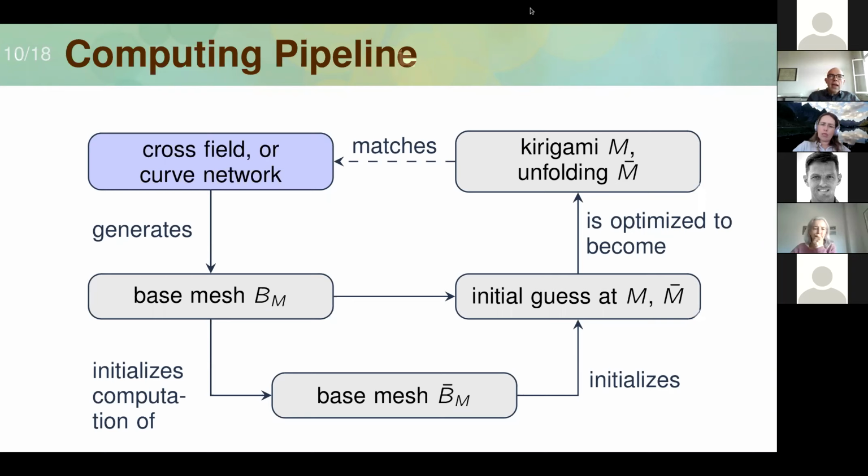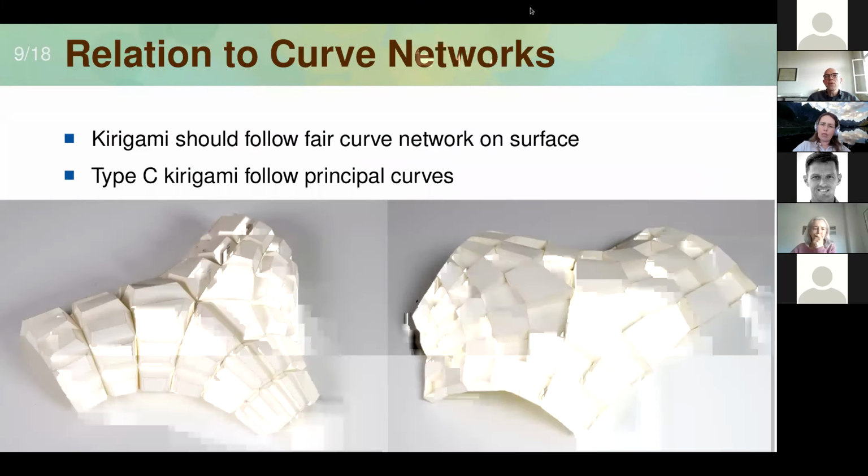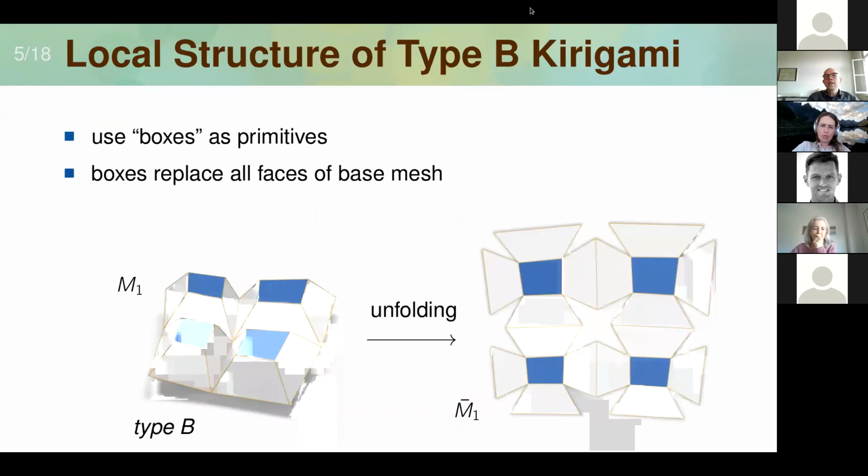We also have to initialize the unfolding. And for that, allow me to go back a few slides. So such a box has certain dimensions. It has a height, it has some inclination angles for the sides, it has the shape of the quad at its base. And those parameters determine what the unfolding looks like.